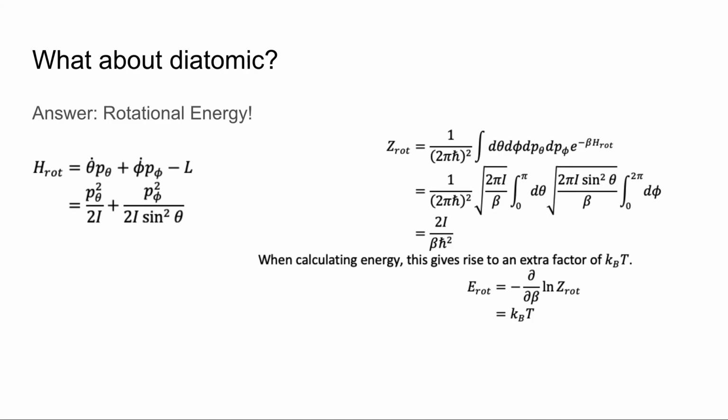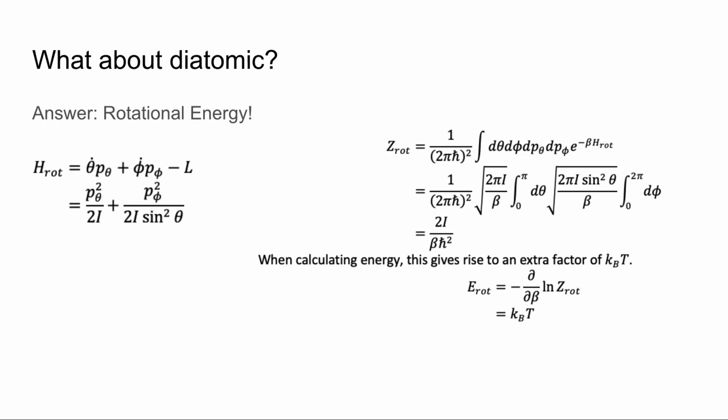When you have diatomic molecules, you have more degrees of freedom. You have rotational degrees of freedom, and these contribute to the energy of a microstate, because you have half I omega squared, right? So this rotational energy would trickle down to the probability distribution of the microstates, to the partition function, which would then affect the average energy.